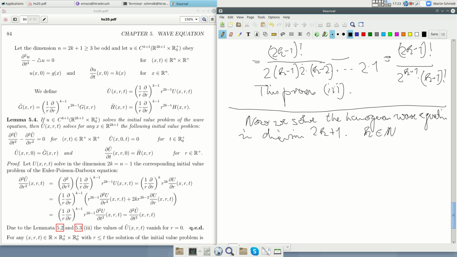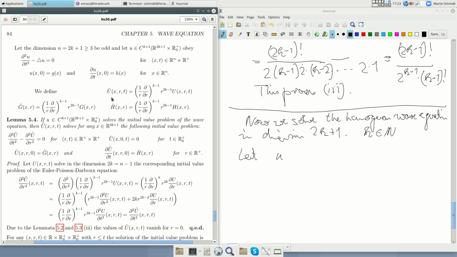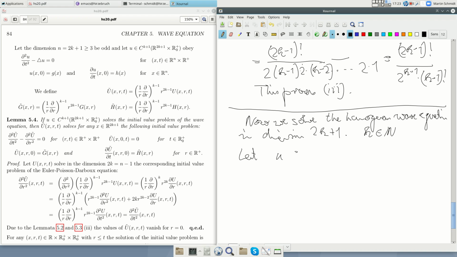First we derive a formula. So let's start with a solution. Let u be such a solution, and we assume that it's k plus 1 times differentiable.